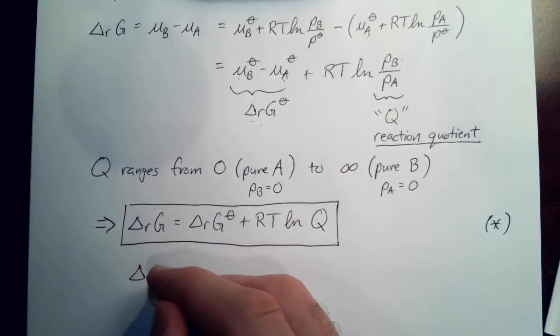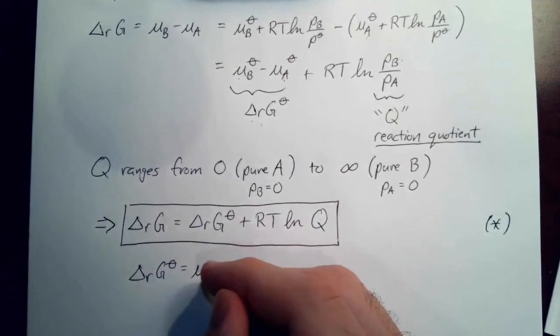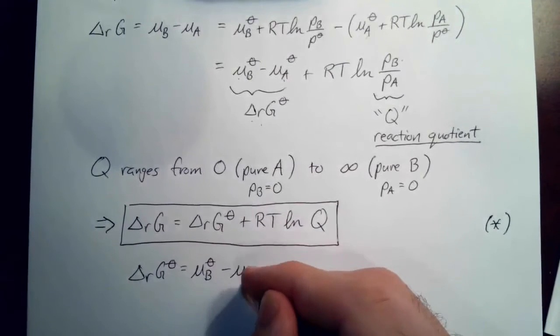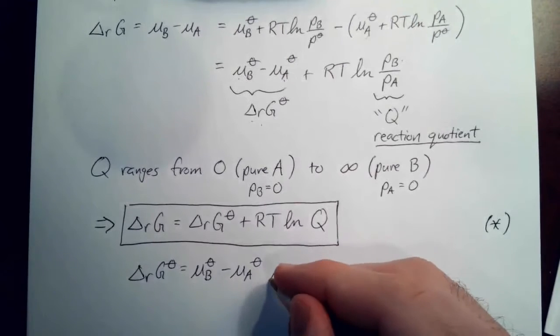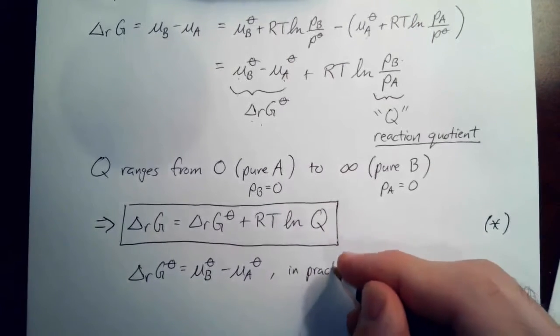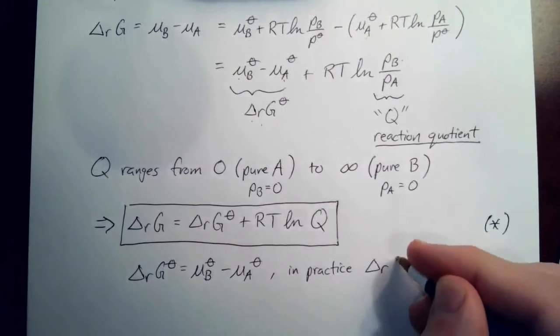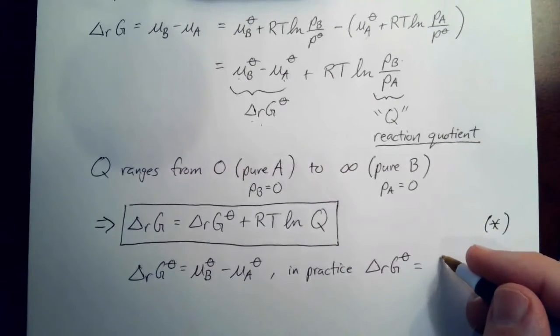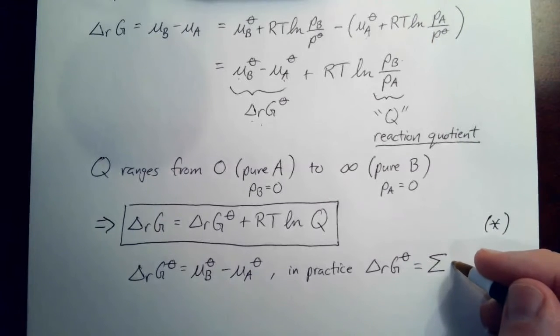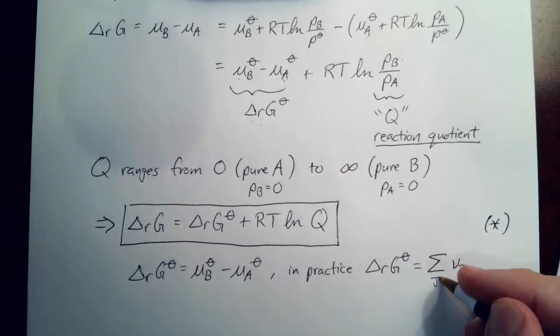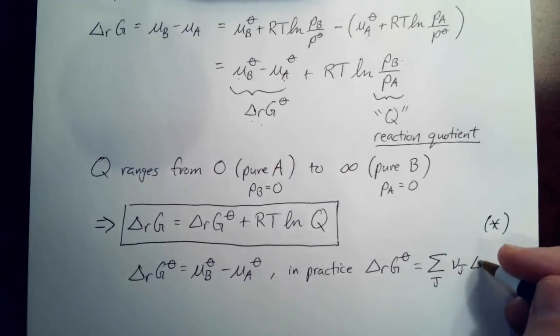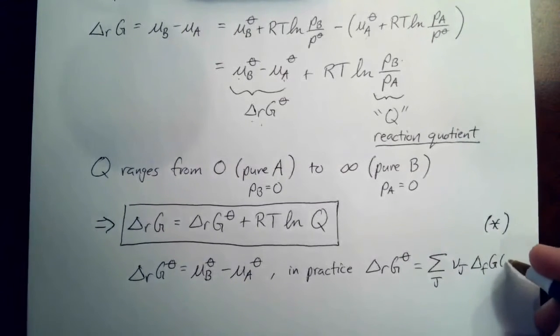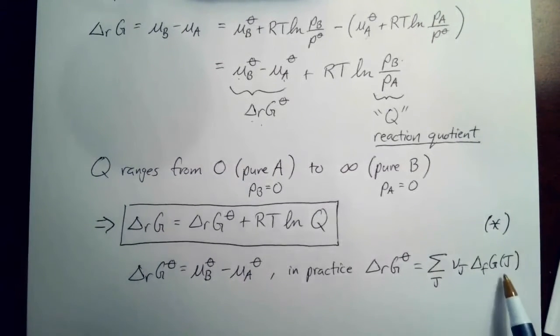So I'm going to write that again, but I'm also going to point out that in practice, we've done this before. This quantity, the standard Gibbs energy of reaction, can be computed from the sum over all of the products and reactants of the Gibbs energy of formation of each product and reactant with the stoichiometric coefficient in front.